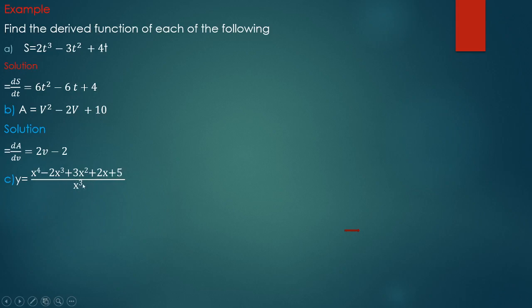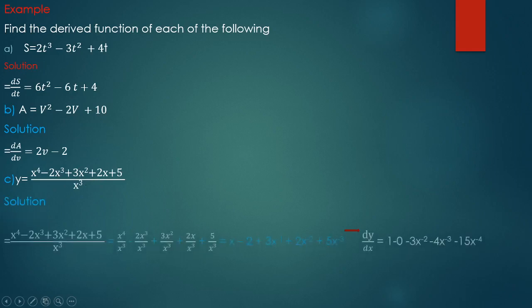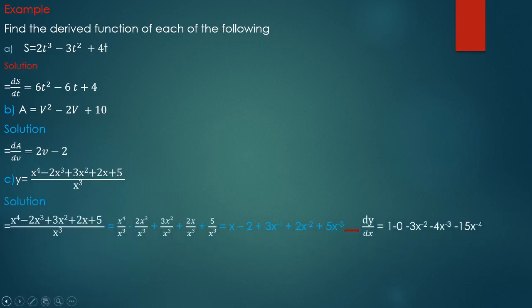The first thing you do is that you divide the numerator by x cubed. Each part of the numerator, you divide it by x cubed. So we shall have x power 4 over x cubed minus 2x cubed all over x cubed plus 3x squared all over x cubed plus 2x all over x cubed plus 5 all over x cubed.